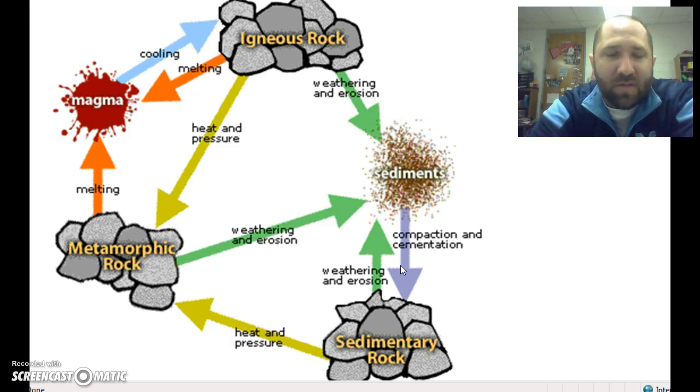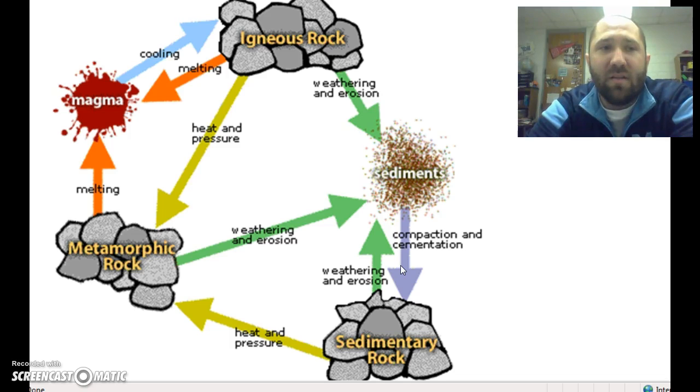For purposes of finding a starting point, let's just start with our molten rock, and that is our magma. So magma inside Earth eventually is going to cool if it gets close enough to Earth's surface or if it makes its way onto Earth's surface.